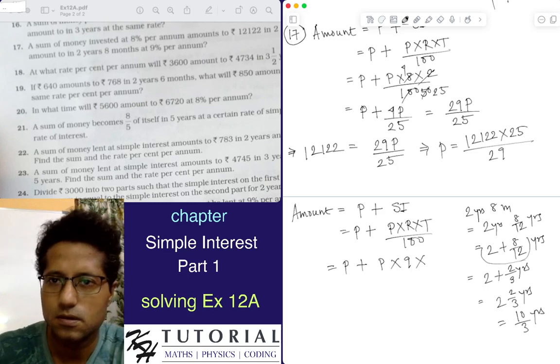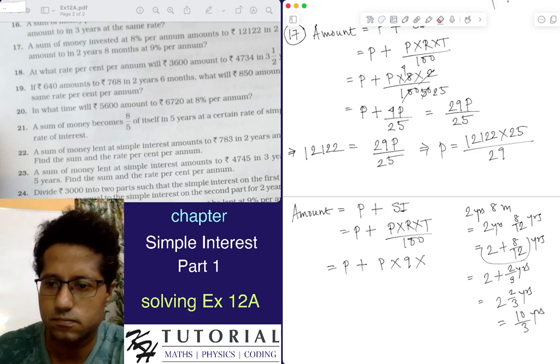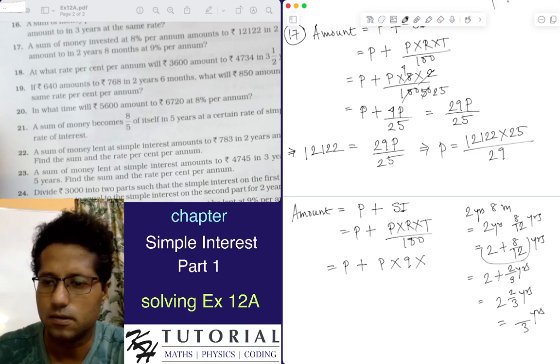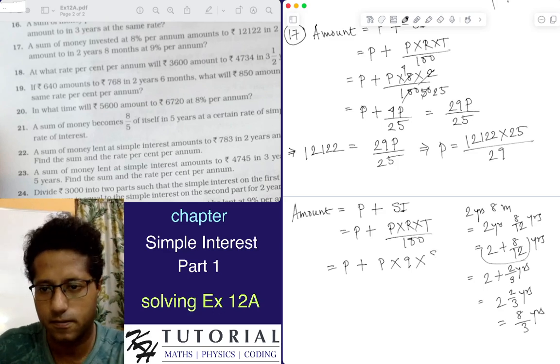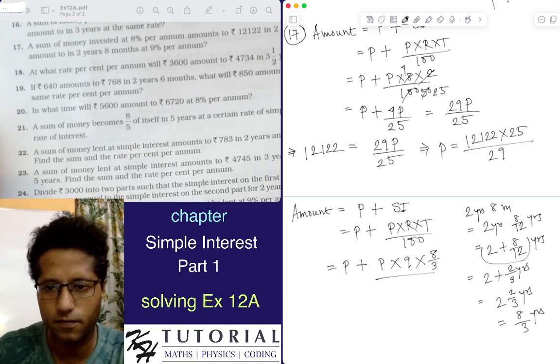So this is 8 by 3 years. So we have 9 as the rate, and T is 8 by 3, divided by 100.